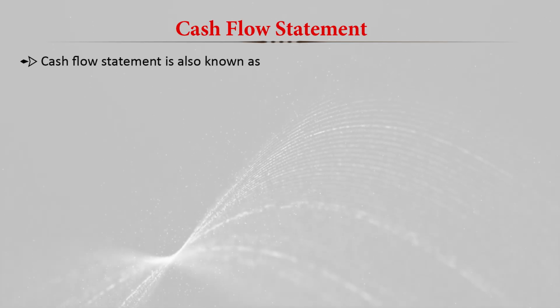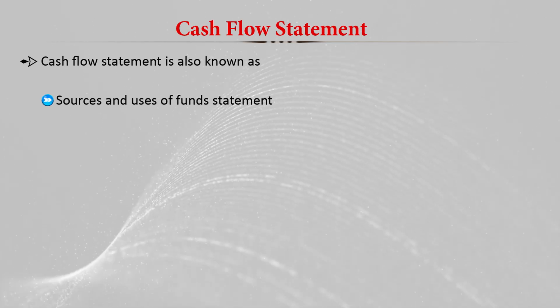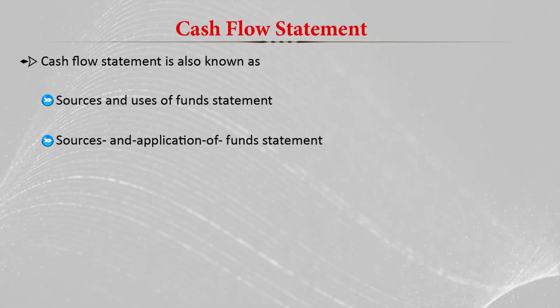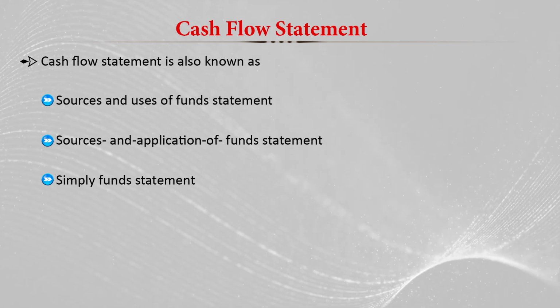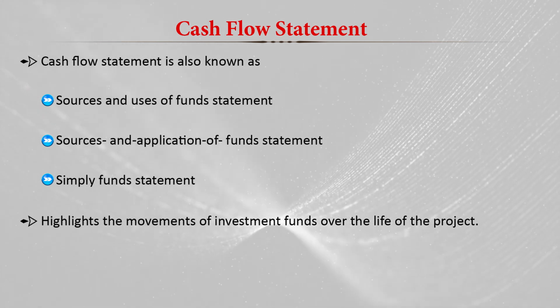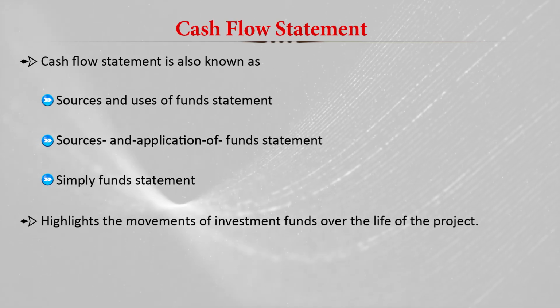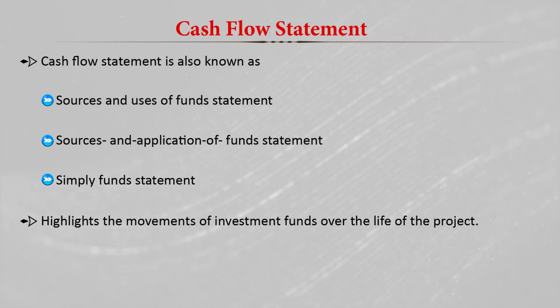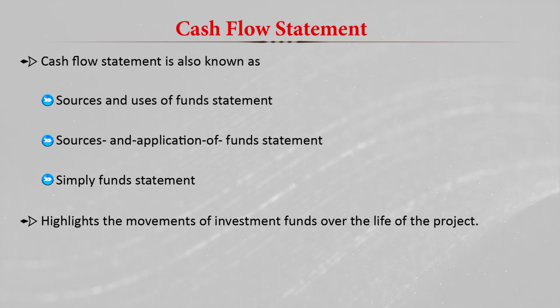The cash flow statement is also known as the source and usage of funds statement, the sources and application of funds statement, or sometimes simply the fund statement. Basically it highlights the movement of investment funds over the life of the project. So it highlights how funds are coming into or going out of the firm.